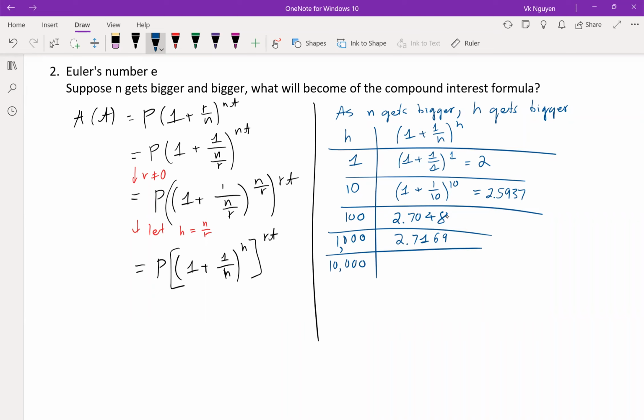For 10,000, we get 2.7181. For 100,000, we get 2.7182, and if we keep going, then eventually we're going to get to a number E.